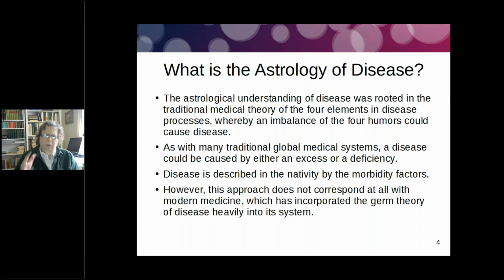Now, this whole system that I'm talking about does not correspond at all to modern medicine. And this is partly because of what we've started with initially with this slide, which is that the germ theory of disease has become a large component of how modern medicine understands disease. It's not to say there are not other types, but as a basis or a cause, the germ theory has become the prevalent theory of disease.